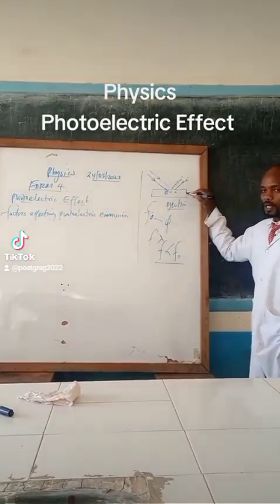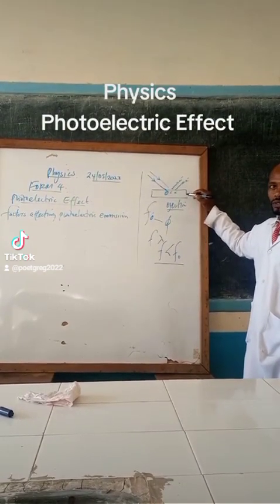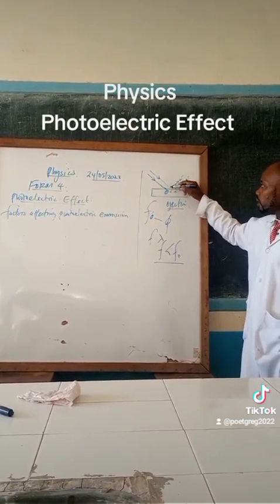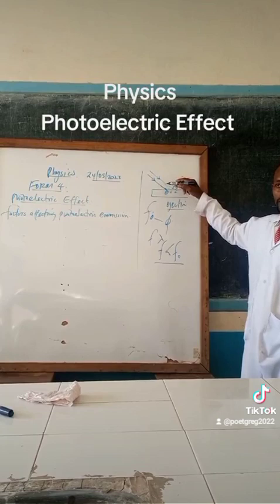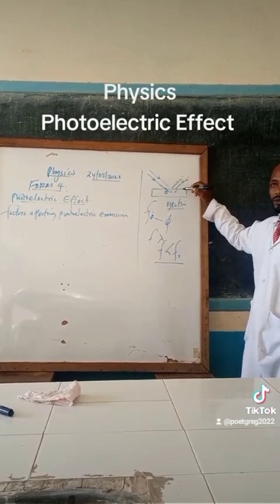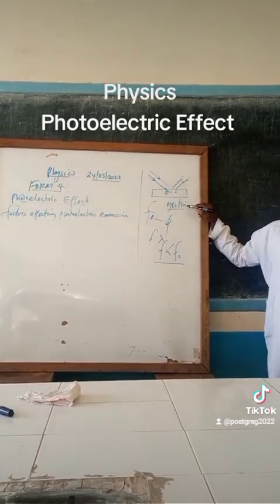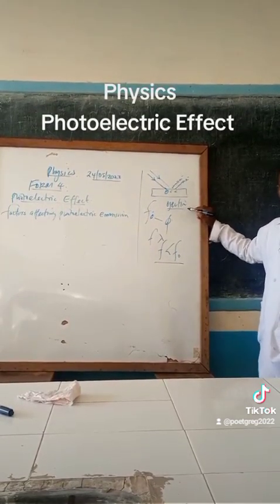Different metals have different work functions. For example, the way we can radiate a given type of radiation on a metal surface of aluminium to emit electrons is not the same way we can do it for magnesium and the other metals. Each metal has its own work function.